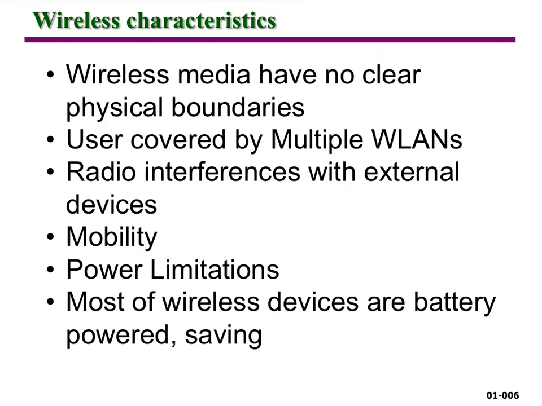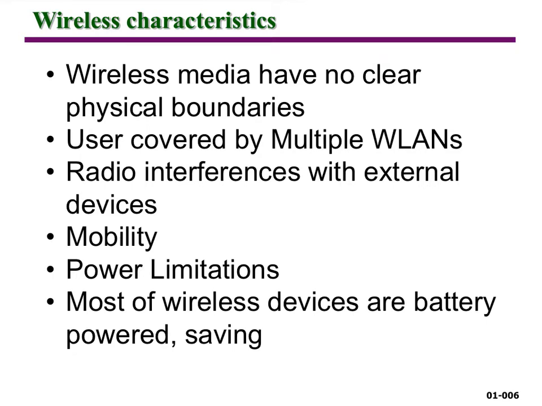Okay, so the wireless media have no clear physical boundary. So we don't have a wire which has beginning and end. In wireless, the boundary is fuzzy. There's no one line boundary that we say that after this line there is no range or there is no coverage for wireless signal.